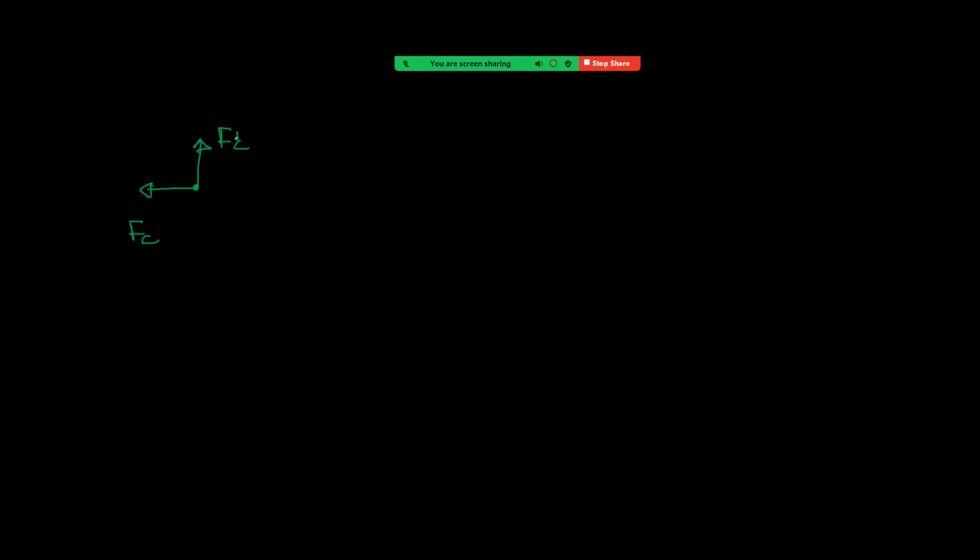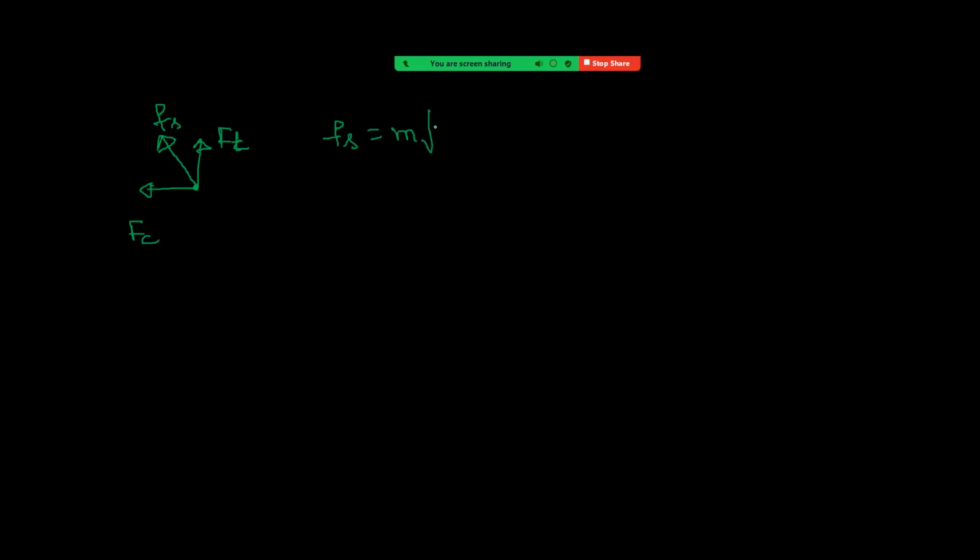The resultant of these two is nothing but the frictional force. One component of friction provides centripetal force. Fs means it is static friction. Okay. So one component provides centripetal force and one component provides tangential force. The resultant of these two is static friction.